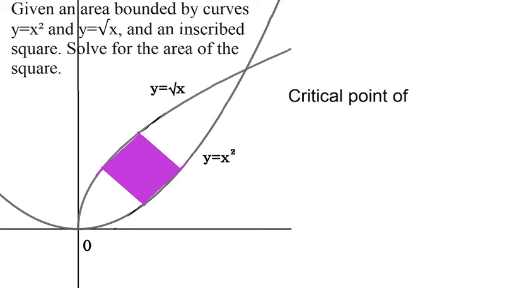So we have the square root of x minus x squared, and this is the function f of x.